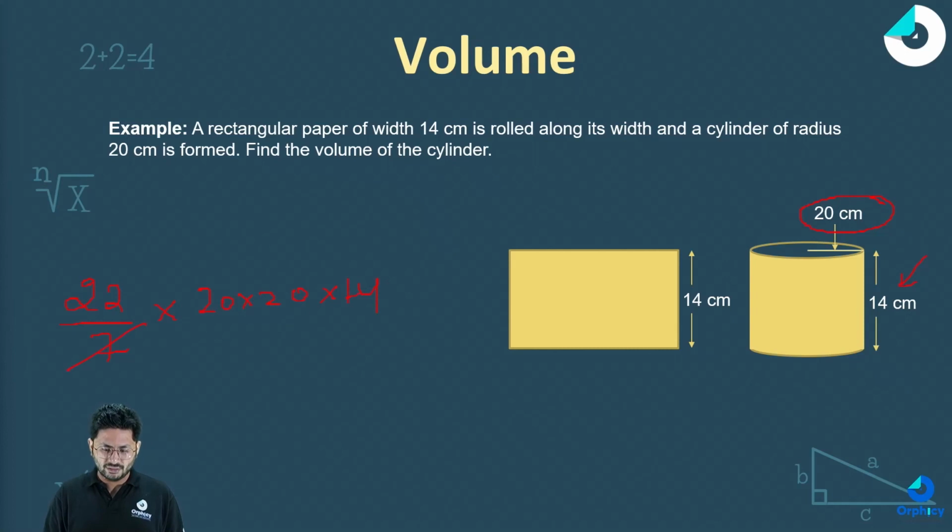So 7 into 2 14, 8 to 16, 16 17 00, that is centimeter cube. मतलब 17600 centimeter cube would be the correct answer.